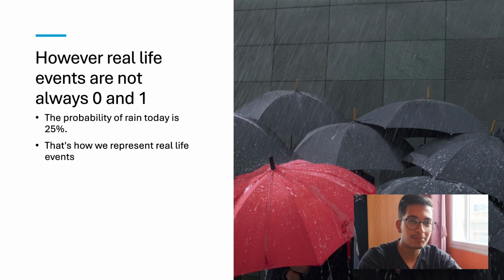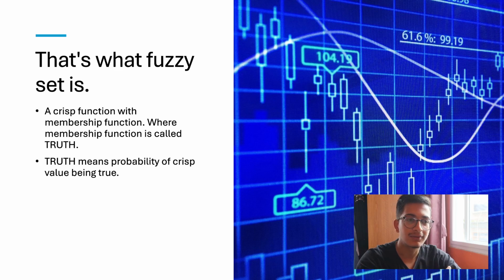There's a 25% chance of rain today. Most real life scenarios are represented in this way. To compute this type of mathematical problem, the fuzzy set was introduced.